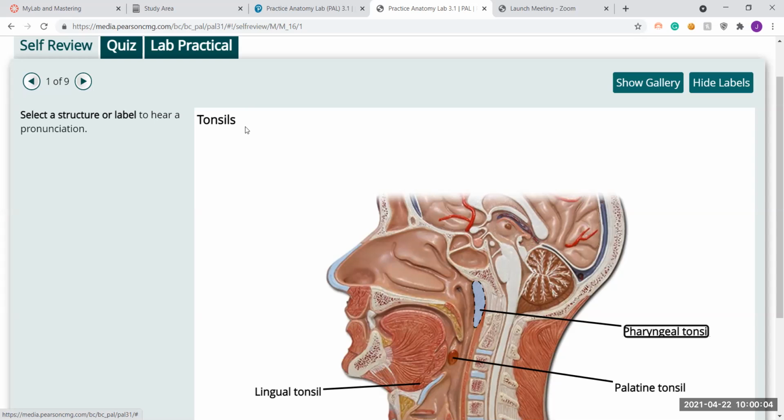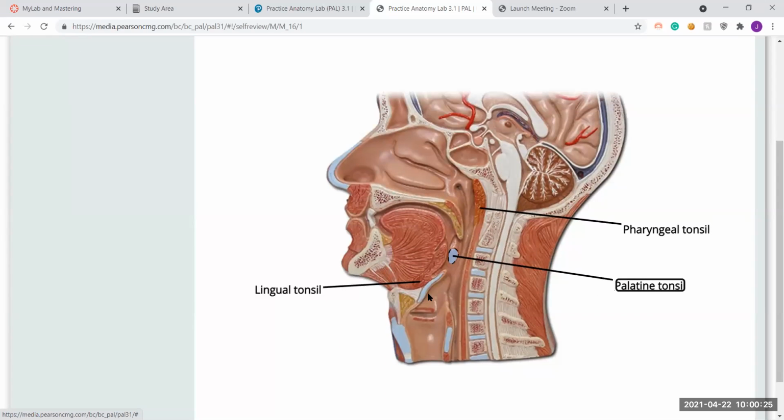submucosal lymph nodes, otherwise known as tonsils in the oral area, and they are here. This is the pharyngeal tonsil. If you see under the mucous membrane, this group of lymph nodes is called the pharyngeal tonsil. In the posterior part of your soft palate, we have the palatine tonsil, and under the tongue, we have the lingual tonsil.